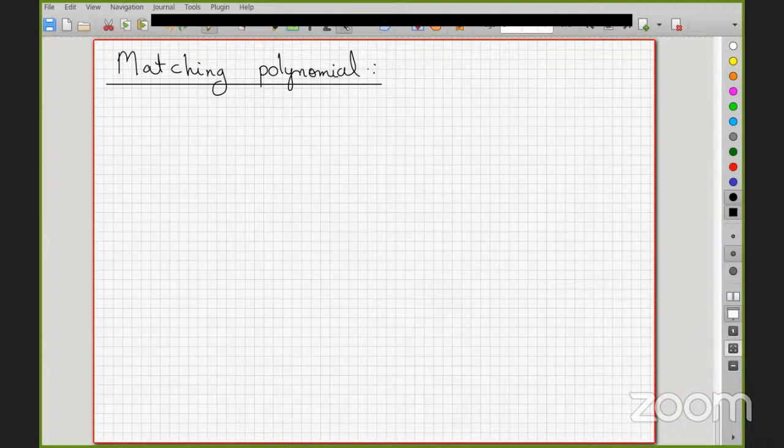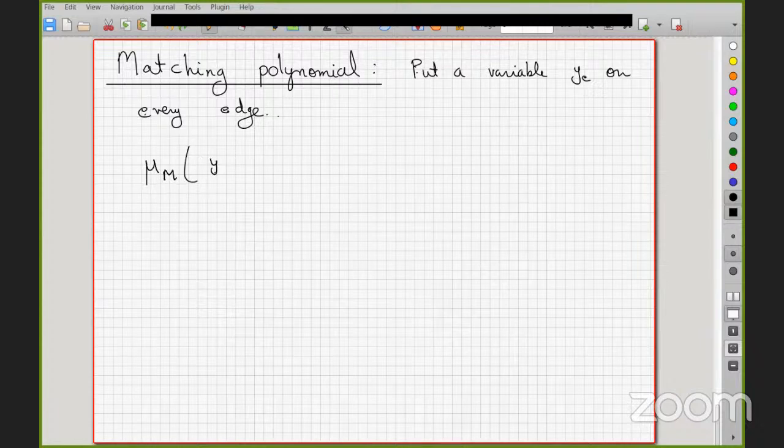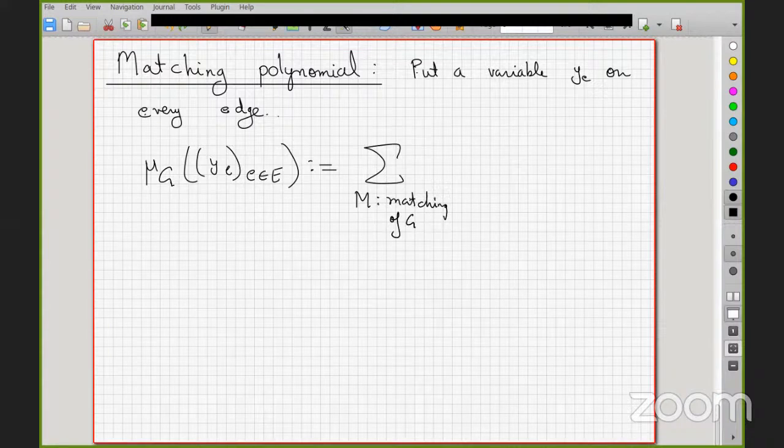Okay, so what is the matching polynomial? The obvious way of defining it would be: put a variable y_e on every edge, and define mu(G, y) to be the sum over all matchings. A matching is a collection of edges, no two of which share a vertex.